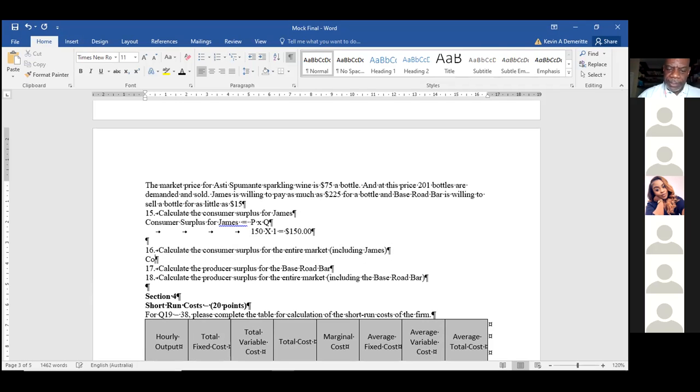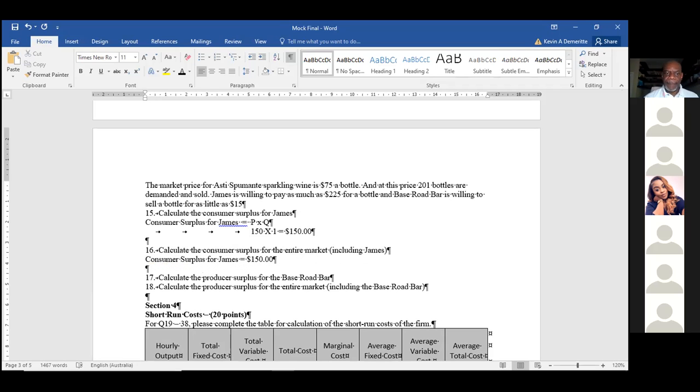So consumer surplus for James is 150. Right? So we know that part of it. Now we need the consumer surplus for everybody else, and then we add everything together.